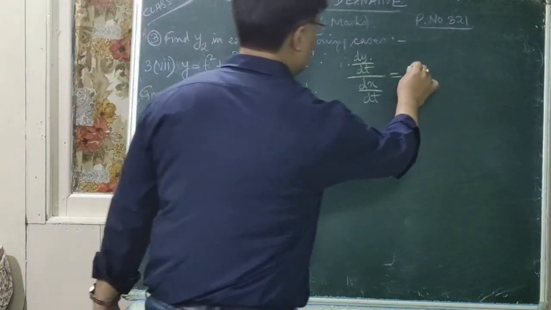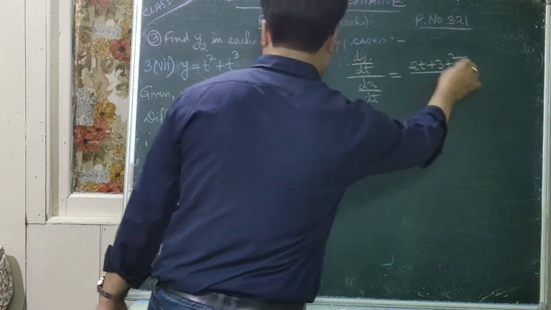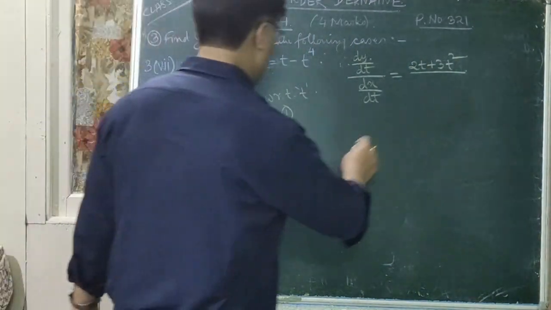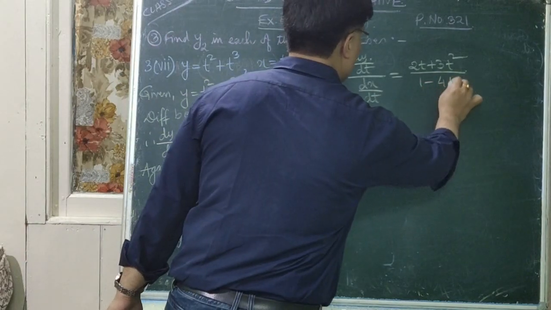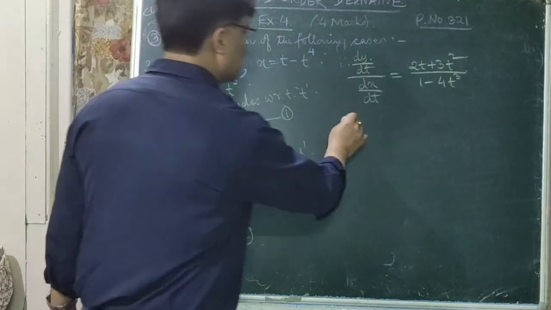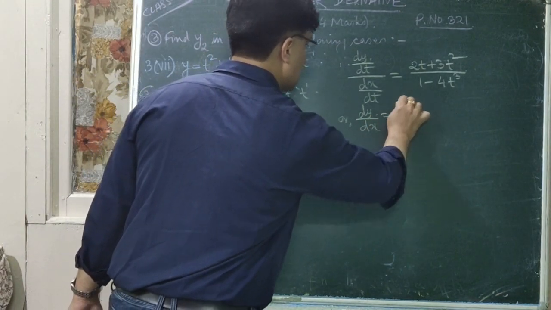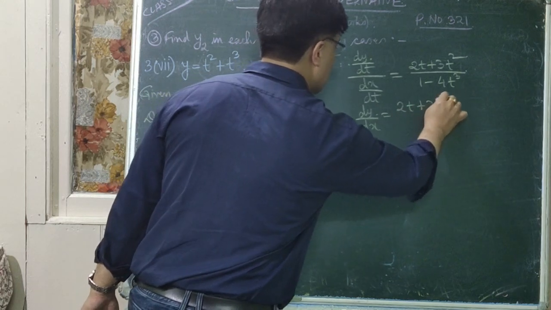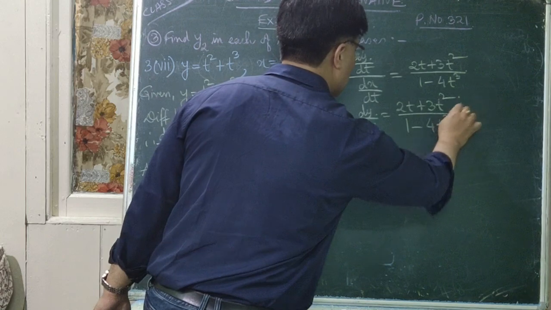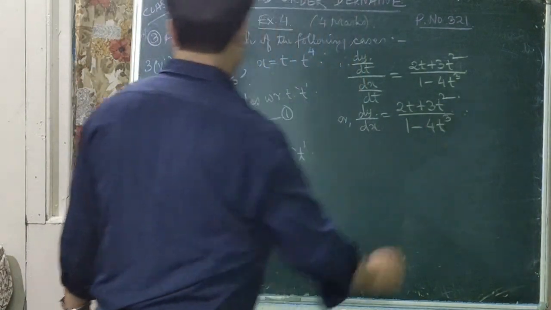It is 2t plus 3t square divided by, what is dx by dt here? It is 1 minus 4t cube, right? Now here dt gets cancelled. So we have dy by dx is equal to 2t plus 3t square divided by 1 minus 4t cube.